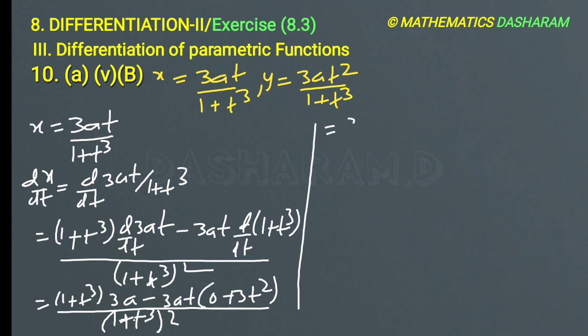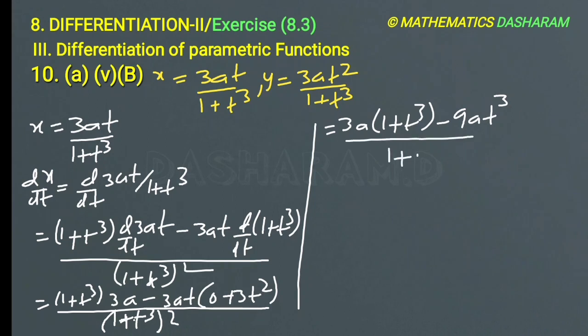So it is equal to 3a(1 + t³), and here 3 3s are 9a t to the power of 3, 9at³ divided by (1 + t³)².